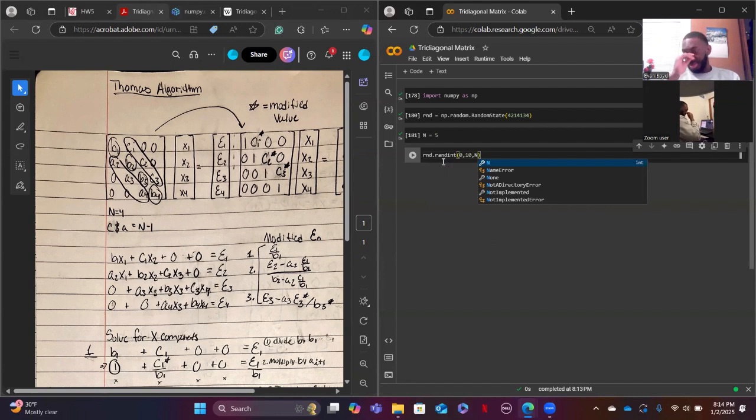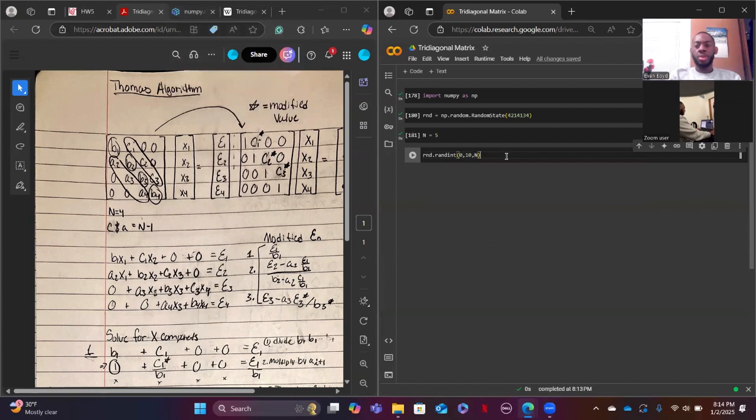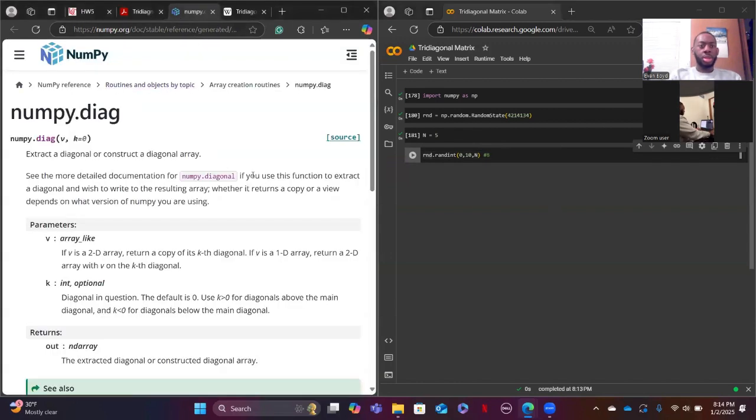We'll do our B term first, so our size will be n. This will represent RB. And then we need to add in our numpy diagonal.